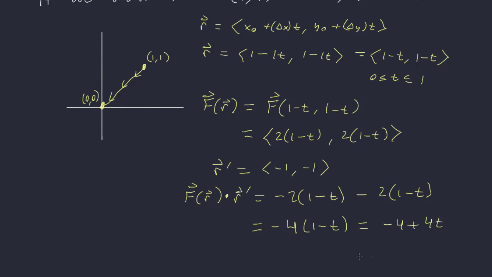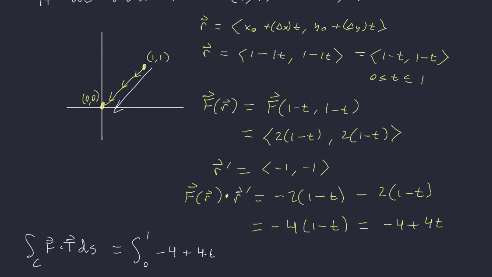All right, so when we set up our line integral over c, notice this c is different. It's a different orientation. Even though the path is the same, remember that's a big deal. How we travel along that path is completely different. So our f dot t ds in this case will be the integral from 0 to 1 of negative 4 plus 4t dt.